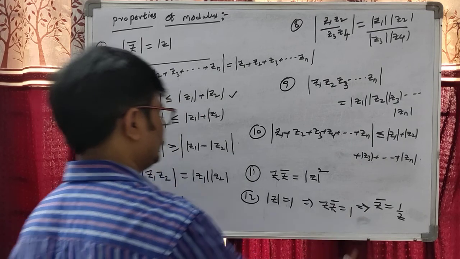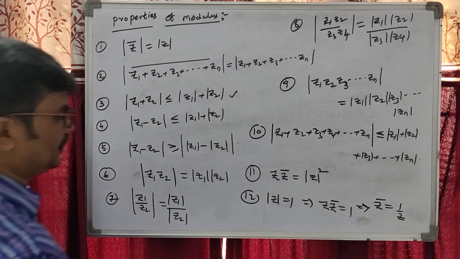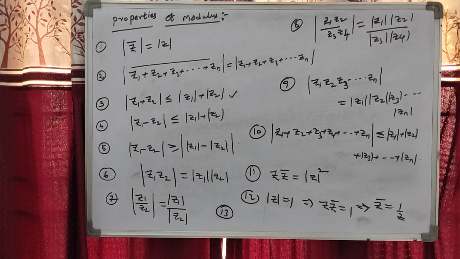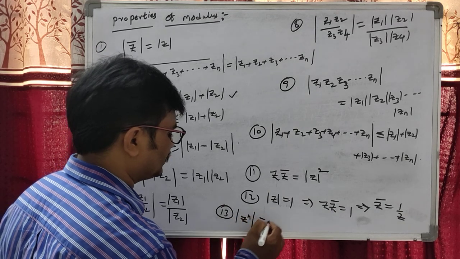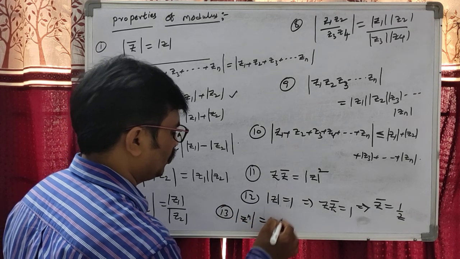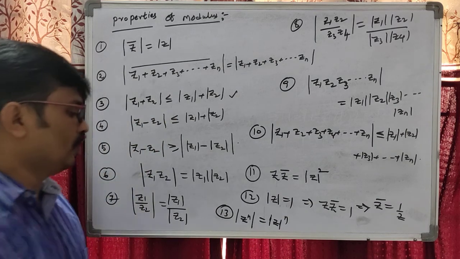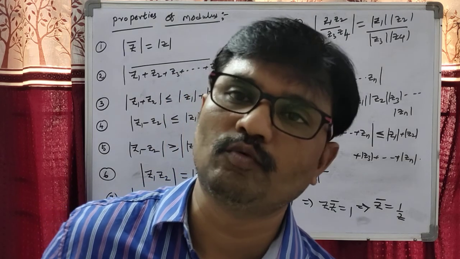Okay, students, now the 13th property. We can write |z^n| as |z|^n. Suppose (1 + i)³ is there.